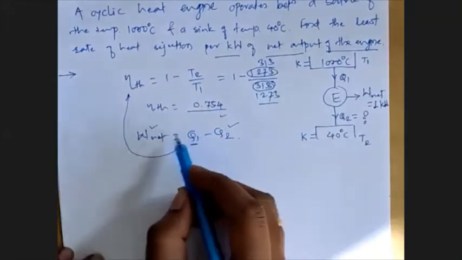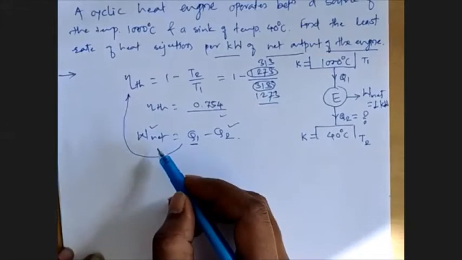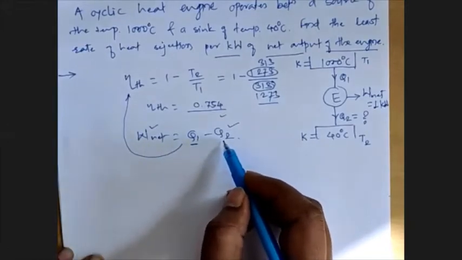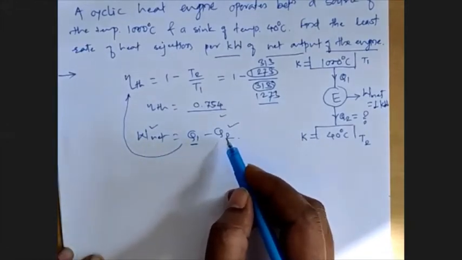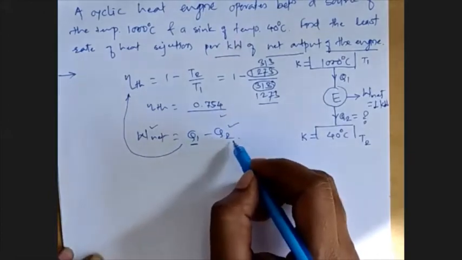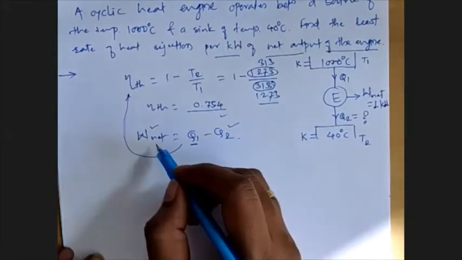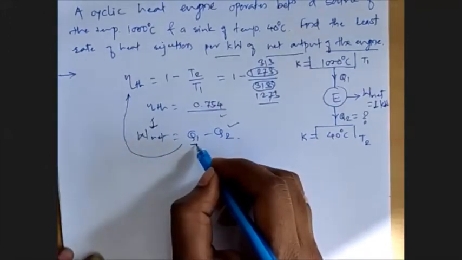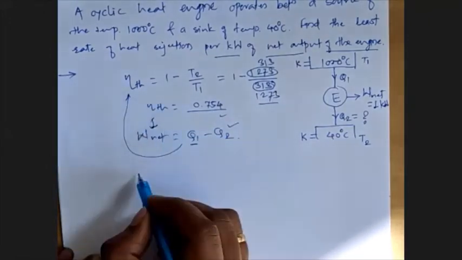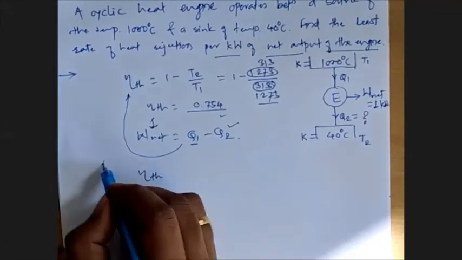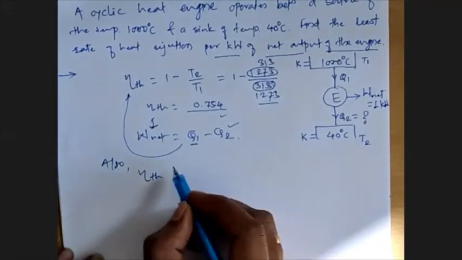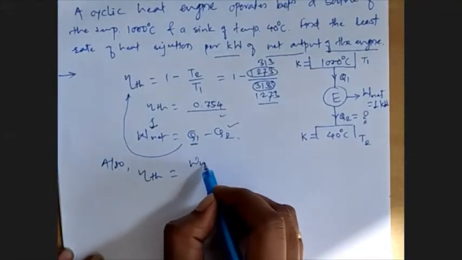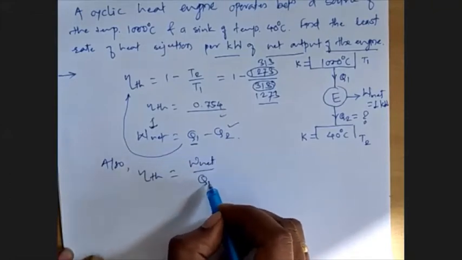So we have one relation for W net, that is Q1 minus Q2. This Q2 is to be calculated, W net is given, that is 1, and this Q1 is also unknown. For N thermal, there is another relation: N thermal is equal to W net by Q1.